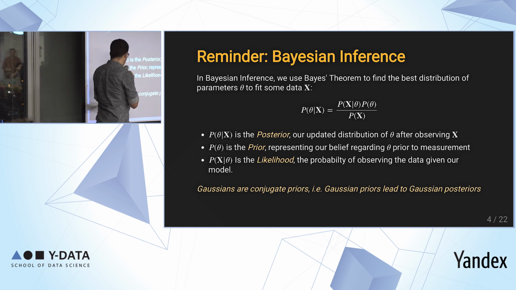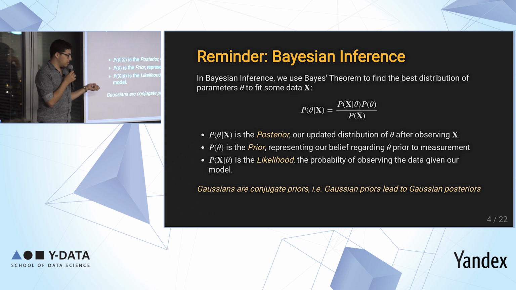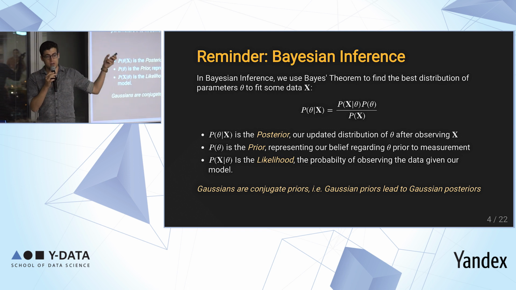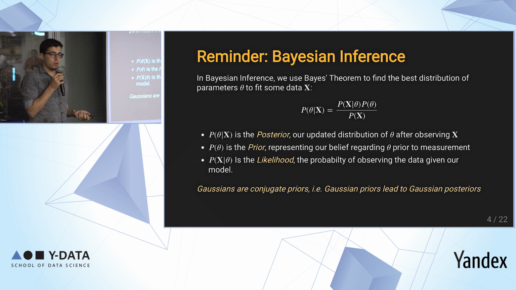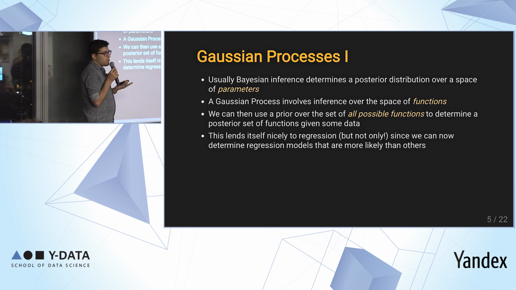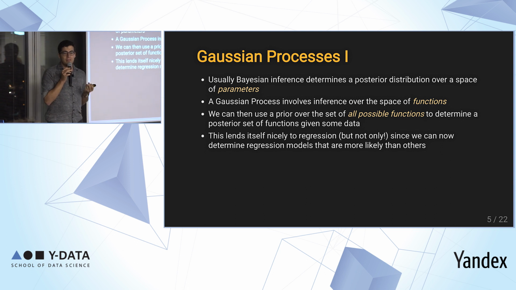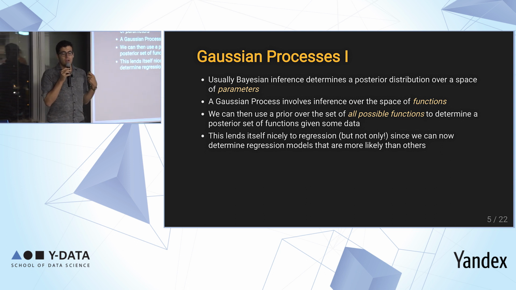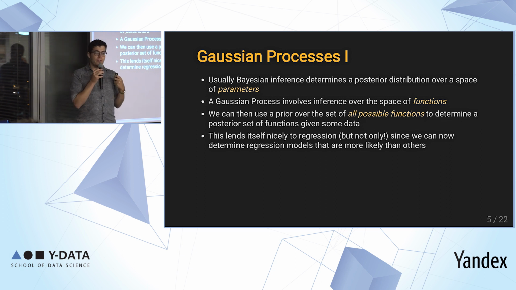I'll just say one thing about Gaussian processes in general. Gaussians are what are called conjugate priors, which means if you put a Gaussian in the prior, you get a Gaussian posterior, which is a really nice effect, which we'll utilize shortly. So the Gaussian process is really, I think, a beautiful mathematical idea. It's saying instead of thinking of a prior over all the possible numbers, we'll think of a prior over all the possible functions.